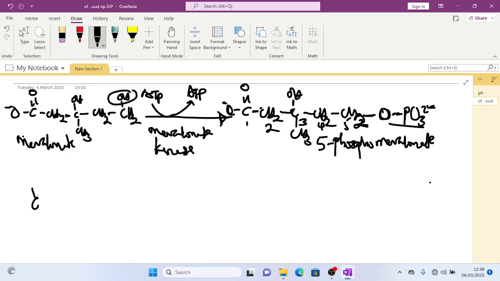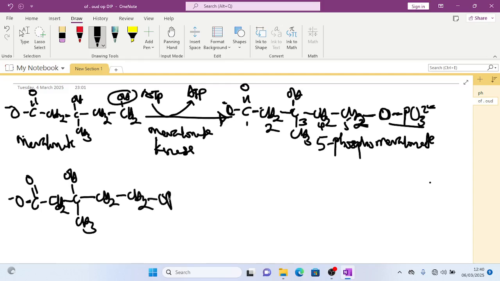So we take our 5-phosphomevalonate now and further phosphorylate it. In the presence of our enzyme phosphomevalonate kinase, we utilize ATP, and this generates adenosine diphosphate.